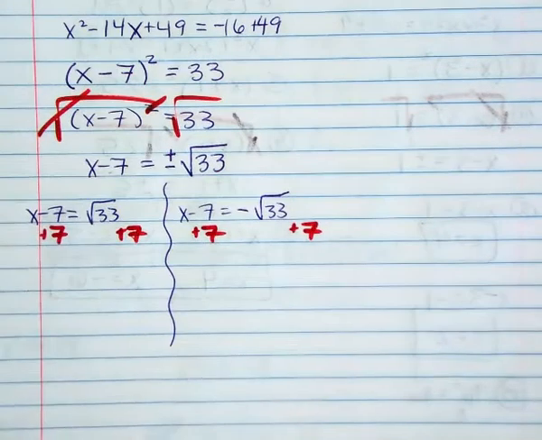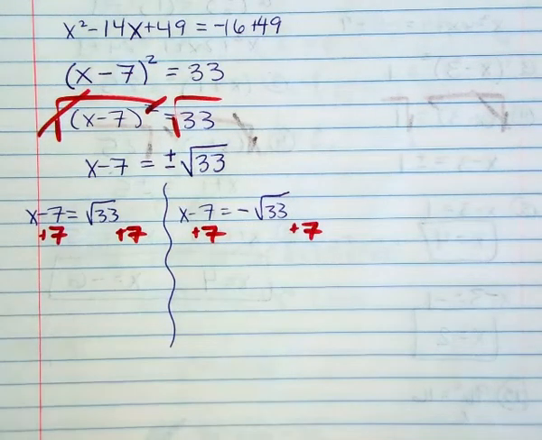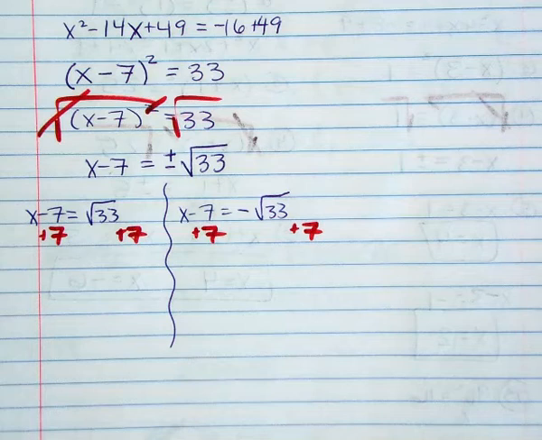You may notice that I'm not writing the 7 right underneath the square root. Radicals and whole numbers are not like terms. They cannot be combined by adding them. Just like 3x plus 2, you don't combine that to make it 5x, it's just 3x plus 2.